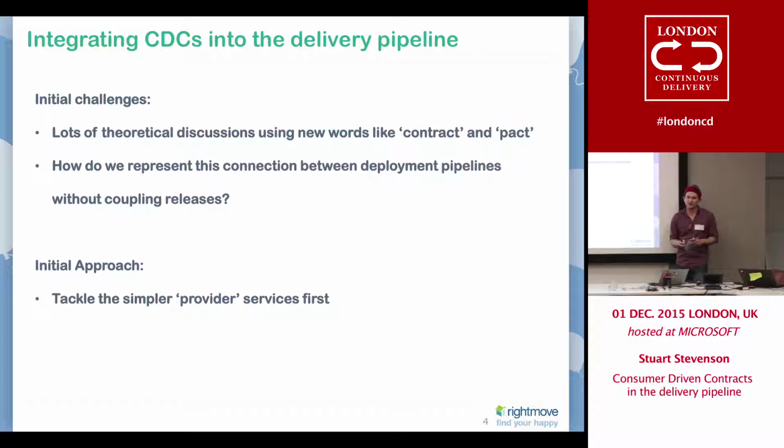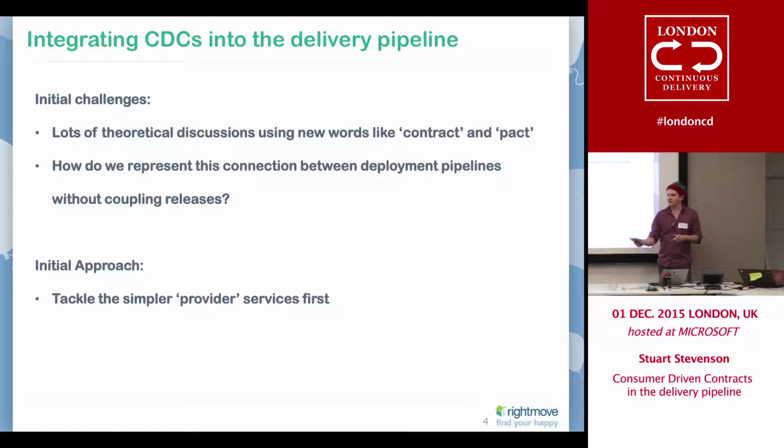So for us, our initial challenges: we don't have a lot of history of services or SOA. So we started off having lots of theoretical discussions around new words like contract and pact. For us, it was very theoretical and led to a lot of new language, and people weren't sure what these words meant. And the big challenge in terms of pipelines was that we have a consuming service, which is going to create some contracts and specifications that we then want to test against our providing services.